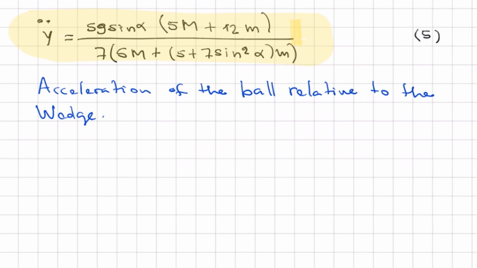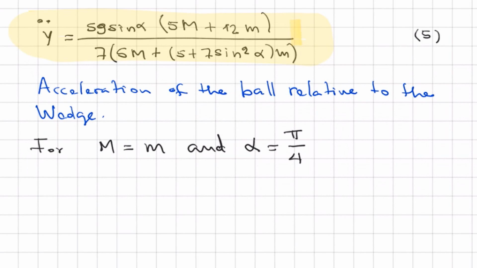And this is, let's call this equation number 5, and this is the acceleration of the ball relative to the wedge. Now we have the special cases, okay? We want to find the acceleration of the wedge and the acceleration of the ball for the following specification. For the special cases when the mass of the wedge is equal to the mass of the ball, and when the angle alpha is equal to pi quarters.